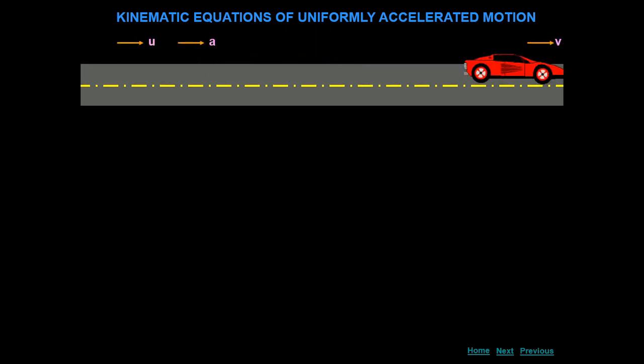The initial velocity we have considered is u, the final velocity is v, the distance covered by the car is x, and the time required to cover that distance is t. The a we have taken is the acceleration.